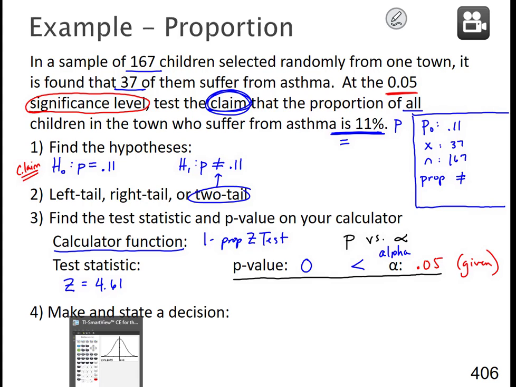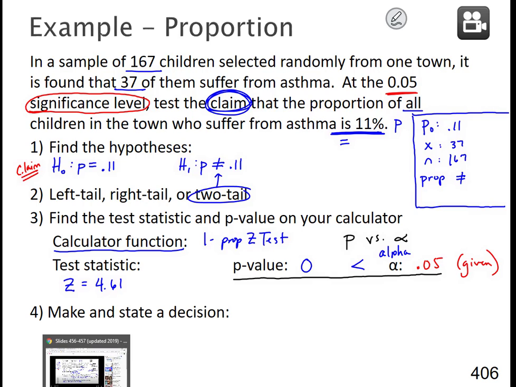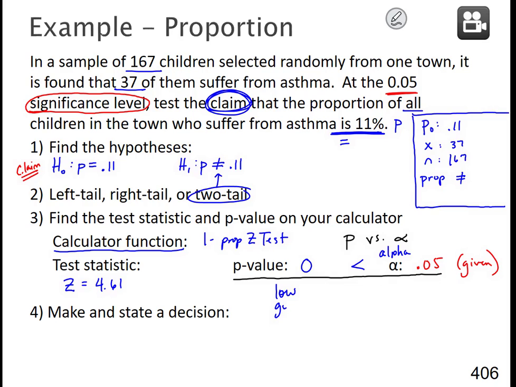And so if you look back in your notes, if P is low, then the null must go. And that's a little phrase that I remember to help me know that we are going to reject the null, H sub 0, and that's what we call our decision.